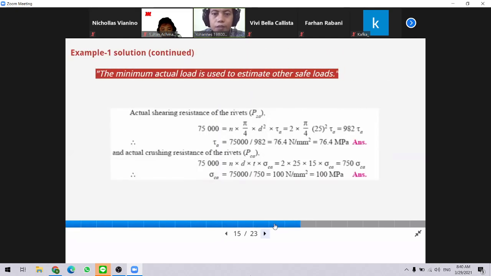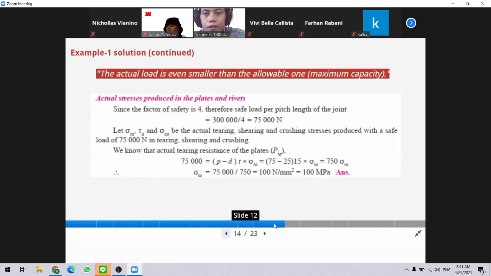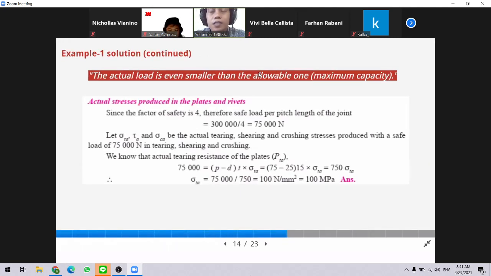Okay, so that's how we calculate the load capacity for a rivet joint. For this example, the scenario is we first calculate the full allowable load that can be held by the joint.